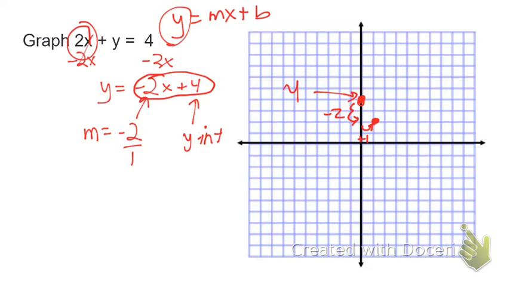Then your slope is going to be a negative 2. I put it over 1 to turn it into a fraction. From my y-intercept of positive 4, I'm going to go down 2 and then to the right 1. So negative 2, positive 1. And that's pretty much it. I have enough points to create a line, connect the dots, and I'm done.